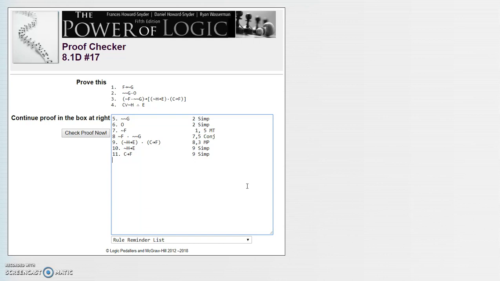A disjunctive syllogism, if we had not C coming from somewhere, would get not H out of that. Can we do it? Well, we just got if C then F in line 11. And in line 7, we've got not F. So, let's try it. We can do a modus tollens again on that and get not C.